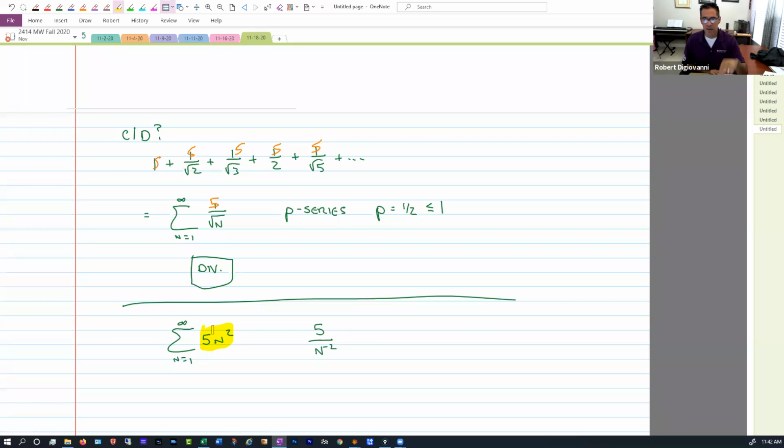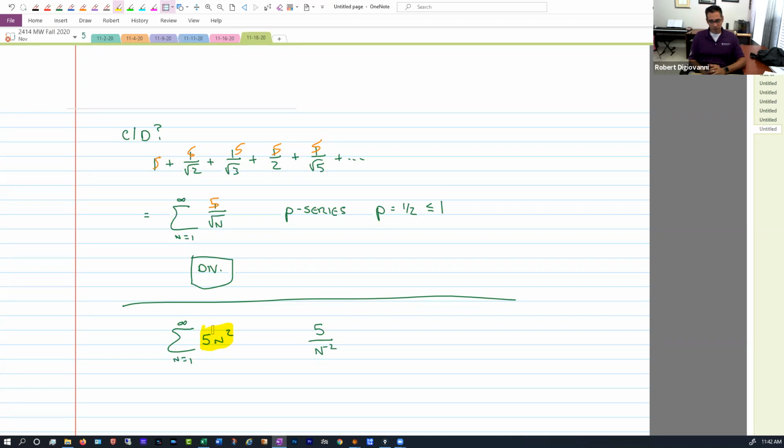The conclusion would be it diverges, which matches exactly what the p-series would be telling you, because your p would be negative 2, which is less than or equal to 1, which would diverge. So you could look at it from 2 different lenses, I guess, if you wanted to. Okay. Does that address your question? Yes, sir. Okay. All right, so now we're ready to move on to the next test.